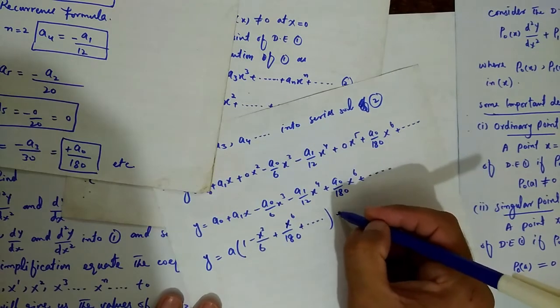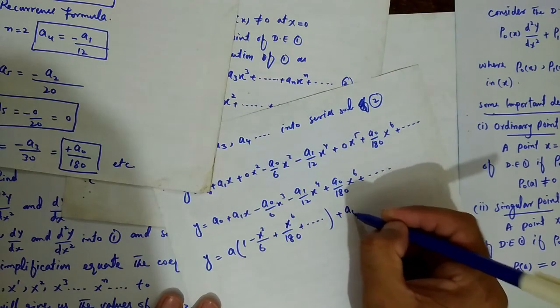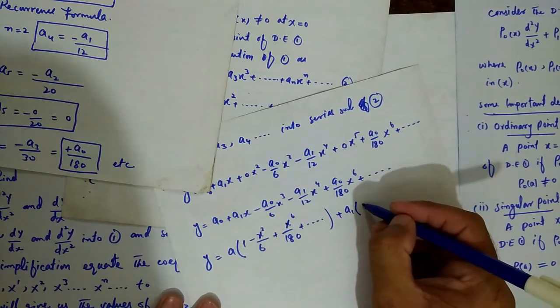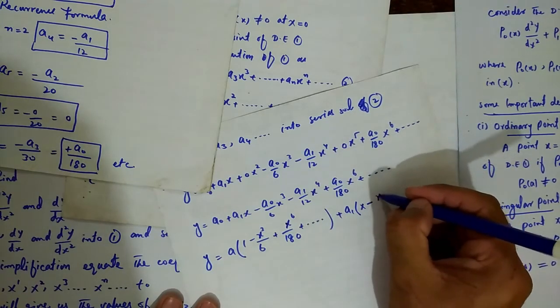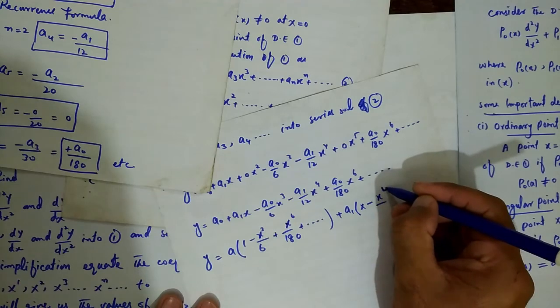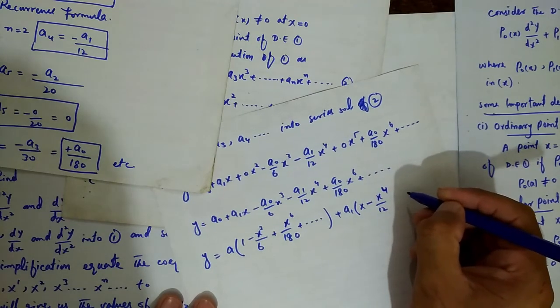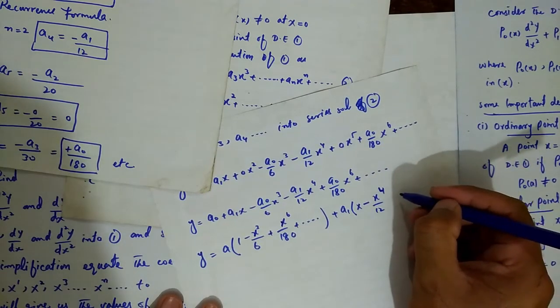And for a1, this will be a1 times x minus x to the power 4 divided by 12, and so on.